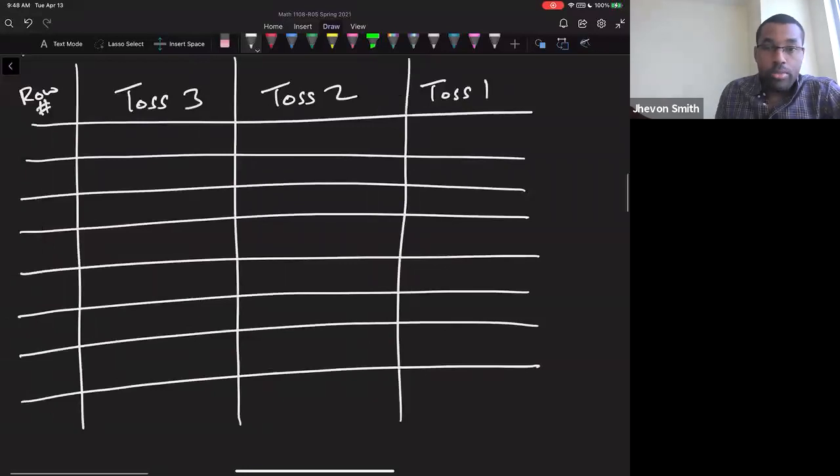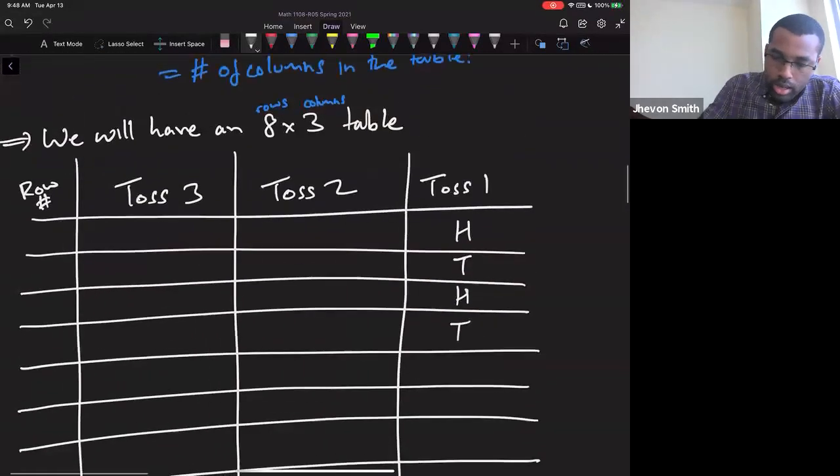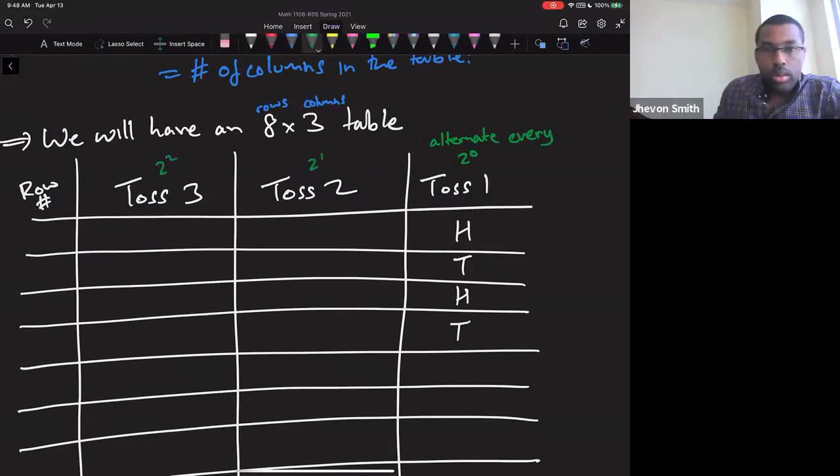I also told you guys how to fill out this table. You alternate every 1 here because there are 2 options. So you alternate every 2 to the 0, every 2 to the 1, every 2 to the 2, and so on.